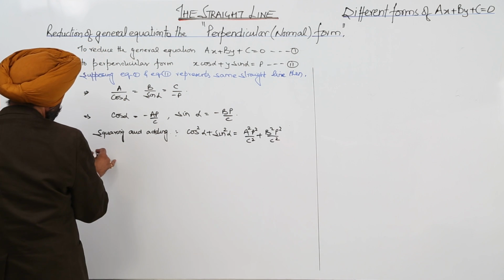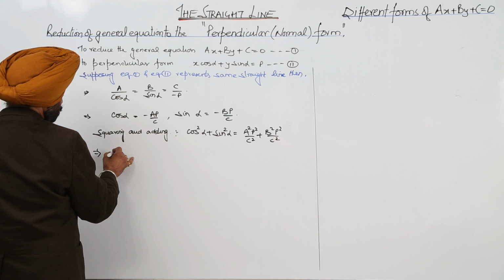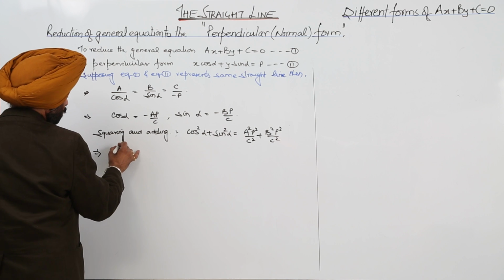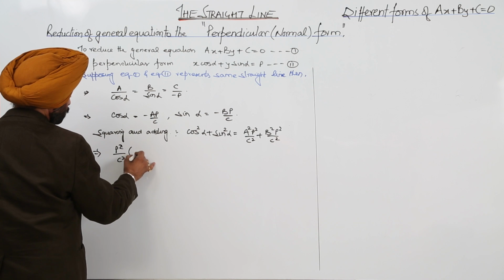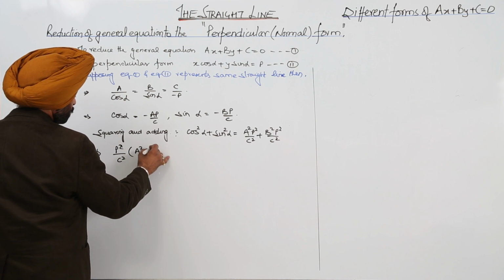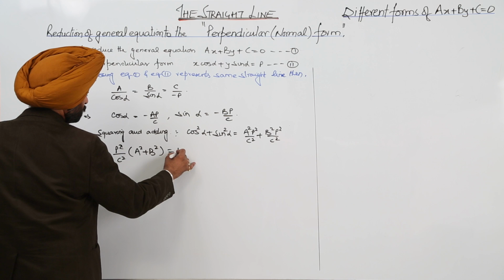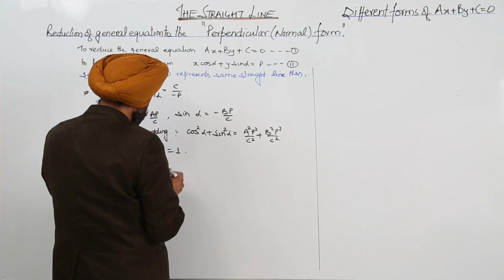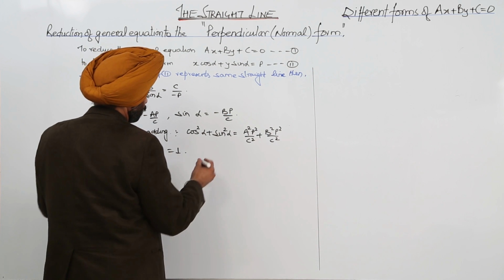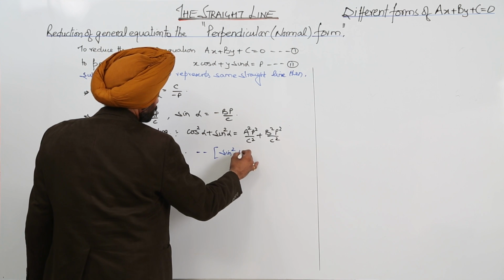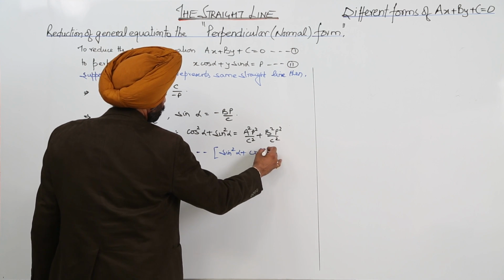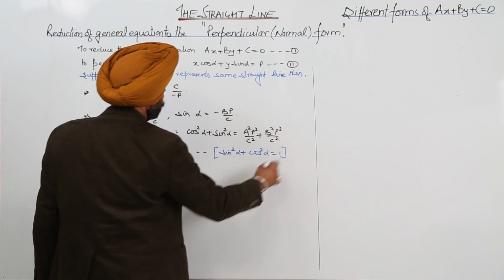Now this becomes p square upon c square taking common, where a square plus b square is equal to 1. Sin square alpha plus cos square alpha is 1, the identity we have used.